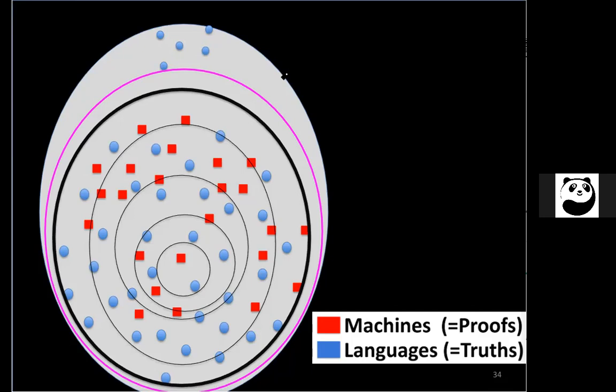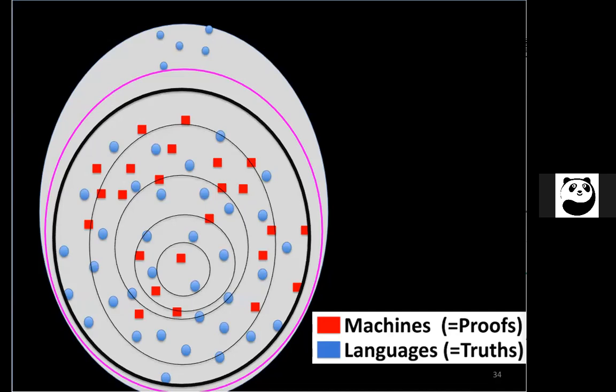The pink line here you can think of as the set of statements that can, in principle, be decided, that can assume a truth value, including statements such as machine M halts at every input.